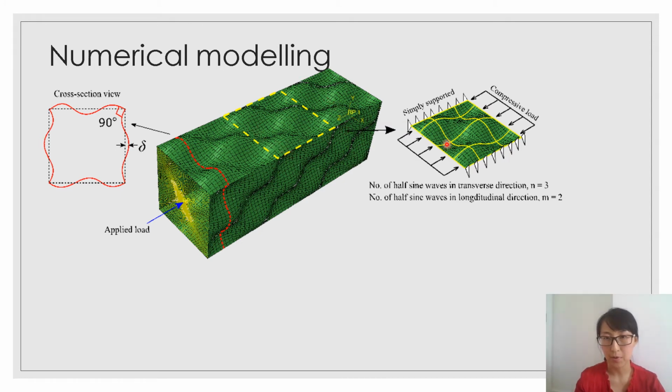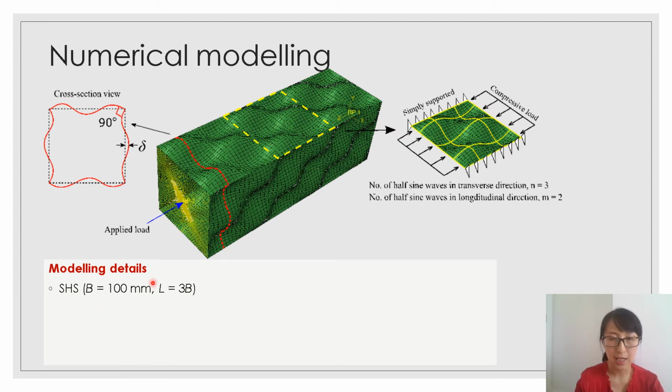For example, in this case, n represents the number of half sine waves in the transverse direction, which is 3 for this case, and m represents the number of half sine waves in the longitudinal direction, which is 2 for this case. The corner region remained as a right angle.